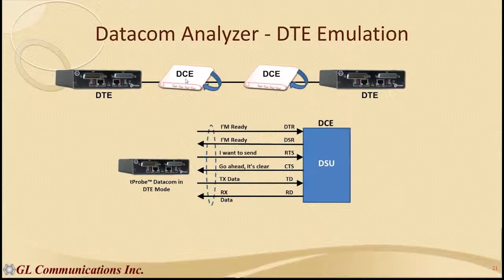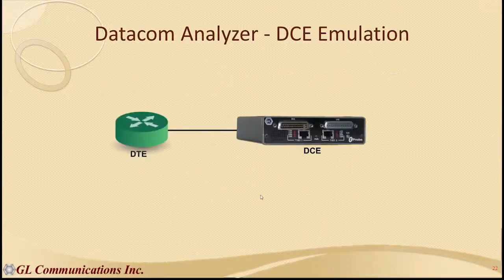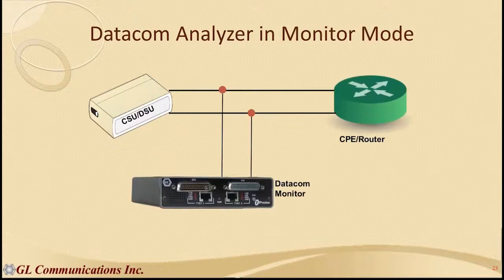And so if you want to debug a Datacom circuit, you want to be able to assume either end. And you also want to be able to analyze the handshaking signals that go on across a Datacom interface. So this shows you that we can emulate both sides.